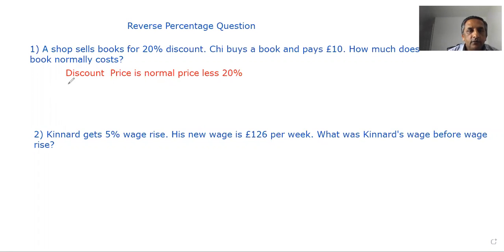So we write here 80% of normal price, and we know that that's £10. You see, all this information I got from the question. It is in the question.